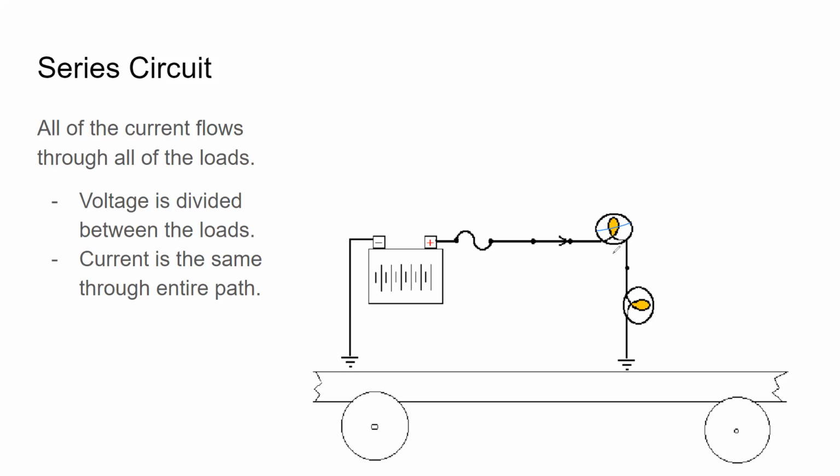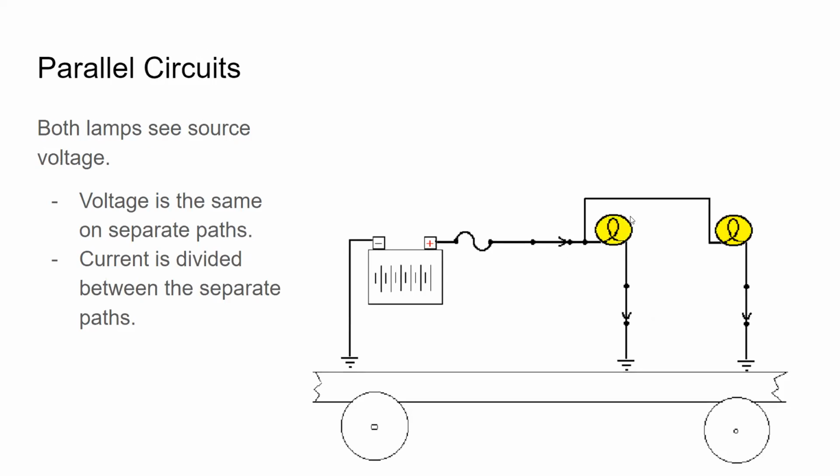If any part of the circuit is interrupted, if I cut this fuse right here, both of these bulbs go out. On this particular one, if I were to interrupt this fuse or that switch or the connection to my battery, that would affect both bulbs in the circuit. But if I just interrupt part of that one parallel piece or leg of that circuit, it only affects the one bulb.